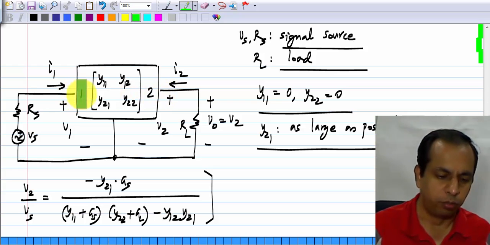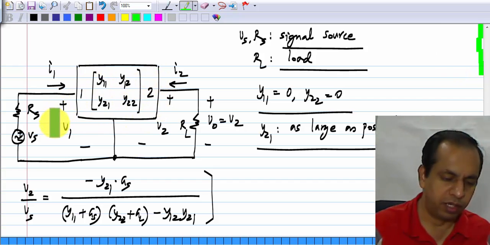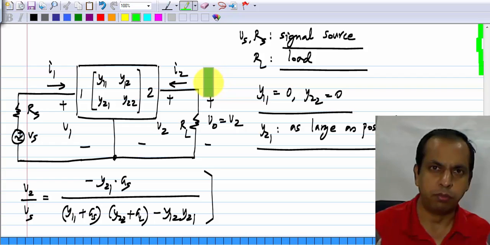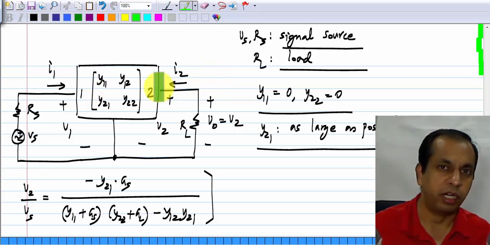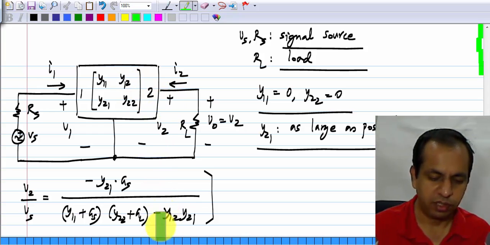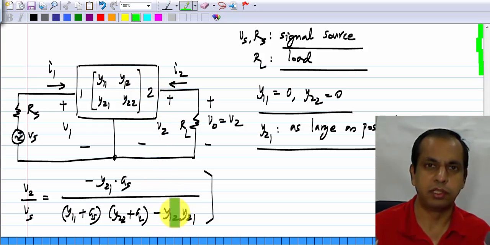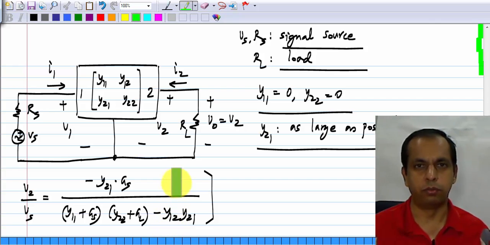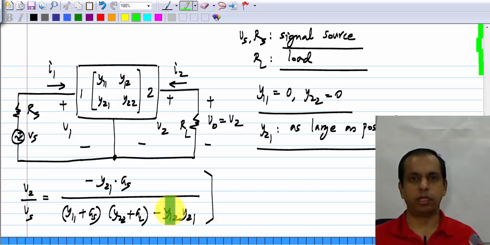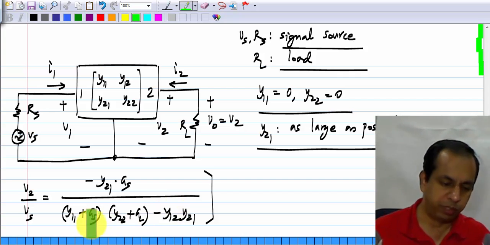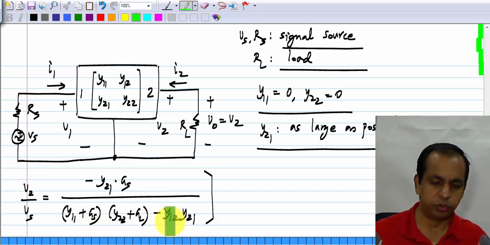Normally, if we think of it as an amplifier, apply an input to port 1 and take the output from port 2. We don't expect the output to affect the input, but internally there is some effect that is given by this parameter Y12. Now the effect of this, it turns out, can be quite complicated because it depends on the values of GS and GL and so on.